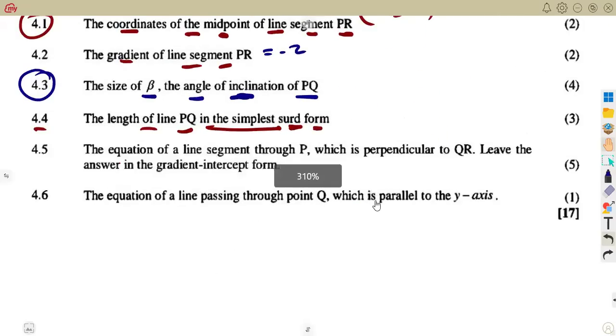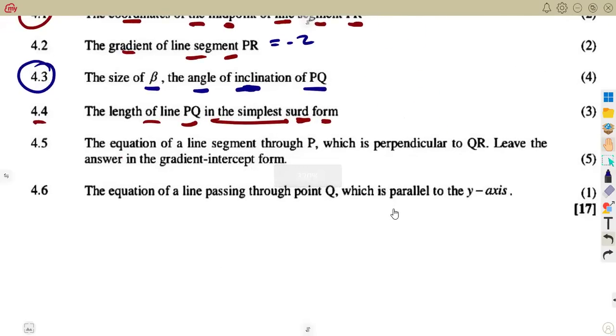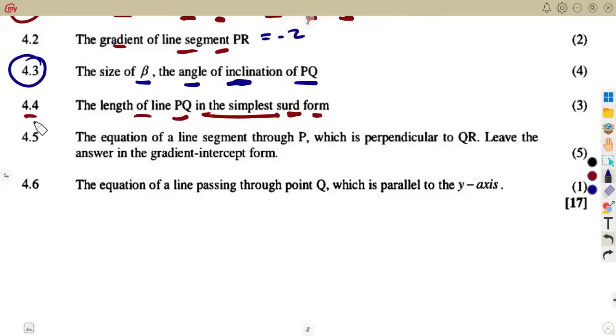Let's see here. On question 4.5: find the equation of a line segment through P, which is perpendicular to QR. Leave your answer in the gradient intercept form y = mx + c. All right, we'll see this one later on. Let's start with this. It's through P, which is perpendicular to QR.